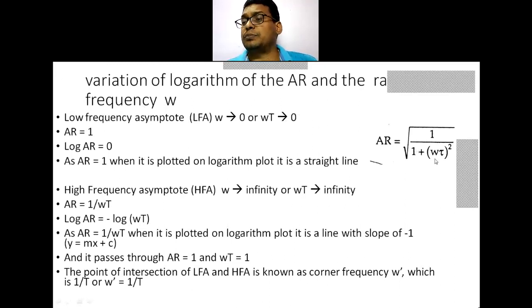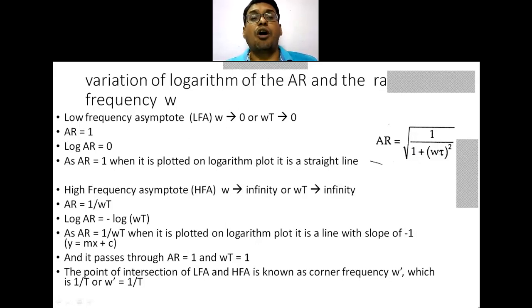When you substitute this very small value in this equation, 1 plus a very small value of omega tau, squared, is nearly equal to 1. So 1 upon the square root of 1 will be 1. That is what the amplitude ratio comes as: 1.